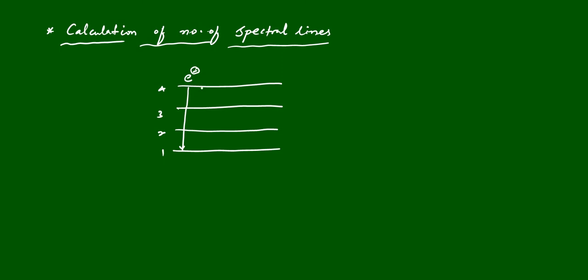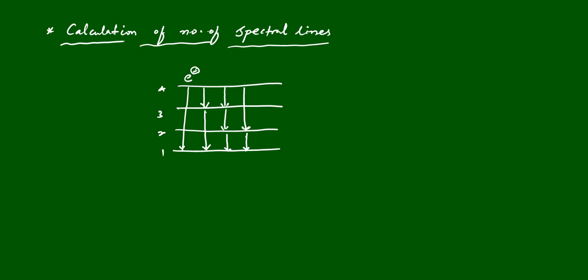The electron may jump from 4 to 3 and then directly 3 to 1, or it may come from 4 to 3, then to 2, and then to 1, or it may come directly from 4 to 2 and 2 to 1.